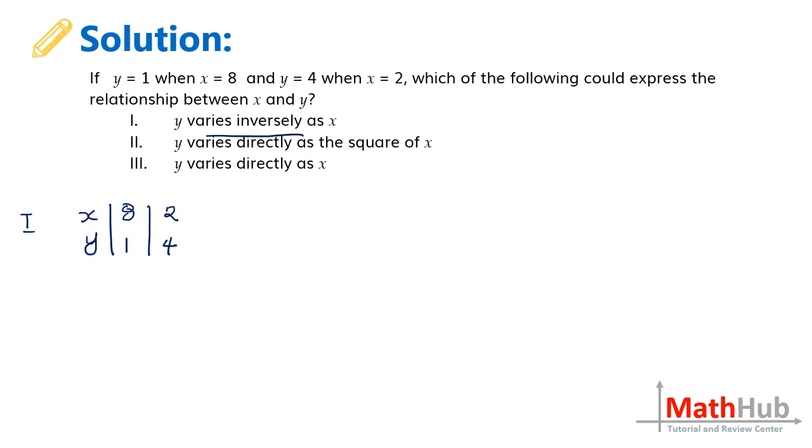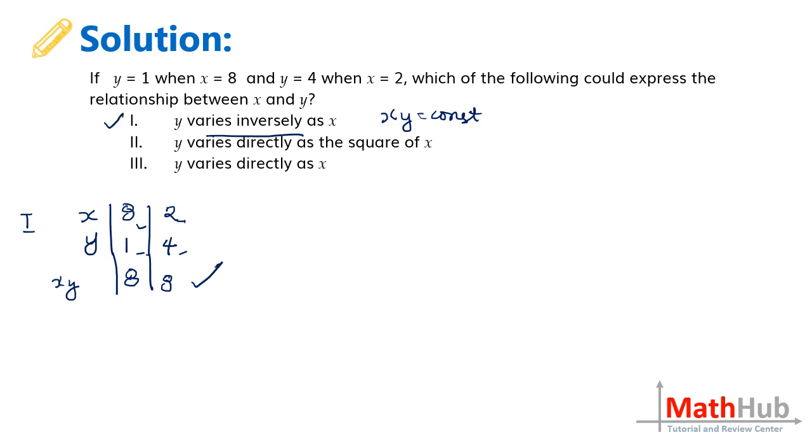It says y varies inversely as x. What does that mean? The product xy is a constant. So I'll make a row for xy. So 8 times 1, we get 8. 2 times 4, we get 8. Correct. So 1 is true.